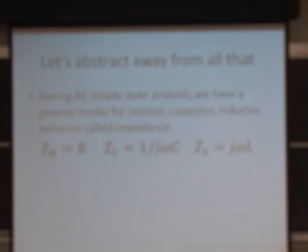Sure, complex arithmetic is a pain, but it's less of a pain than trying to solve a differential equation with a cosine waveform. So we can now combine resistors, capacitors, and inductors, and they all act like resistors in the circuit. You did some examples already, and you can see they combine the way resistors do. Now we just have complex values for them.